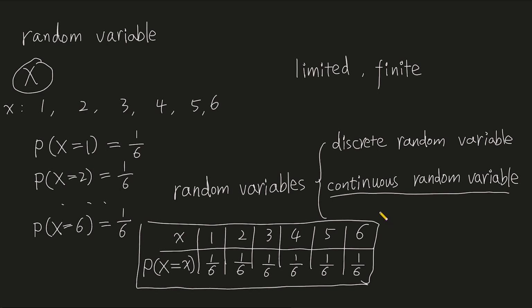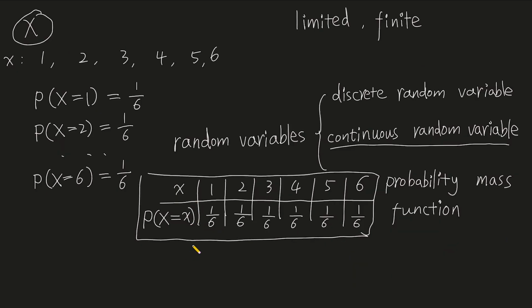A table like this is called a probability mass function. So the probability mass function is related to the discrete random variable. This table is also called a probability distribution.